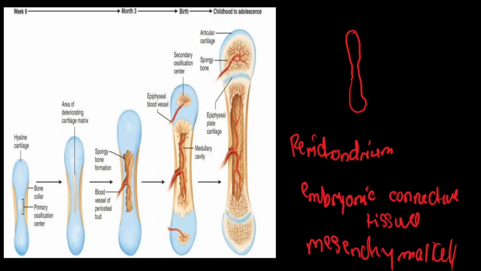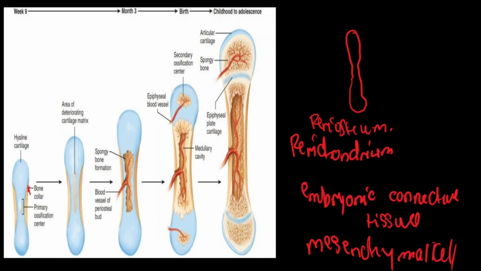By virtue of this process, the perichondrium is converted into periosteum. The osteoblasts secrete this bony collar on the surface of the hyaline cartilage, just as we have here. We can see indicated in this picture the bony collar, and the formation of the primary ossification center. However, we still have the hyaline cartilage here.